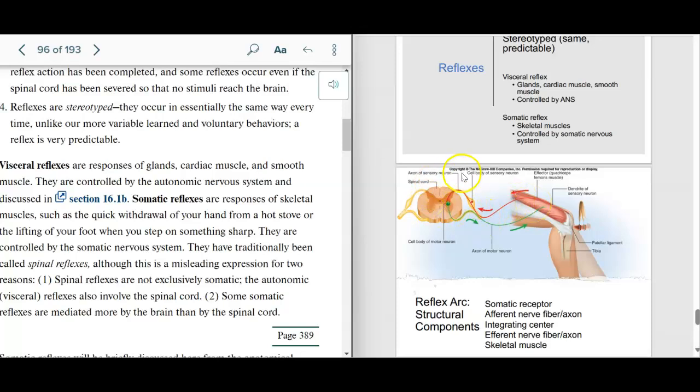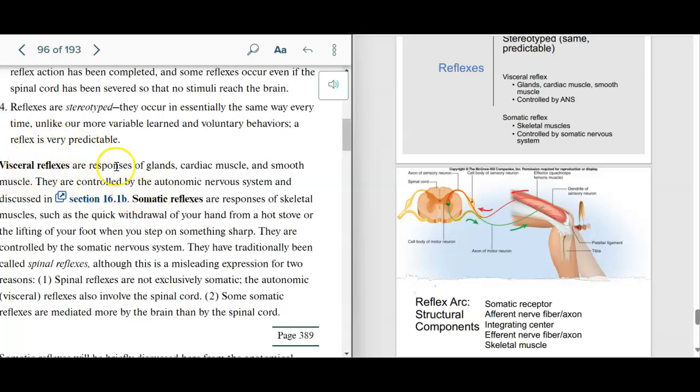So this is testing the pathway of those specific motor neurons. It gives you sensory and motor, and this is what we call monosynaptic. There's just a single synapse in this process.